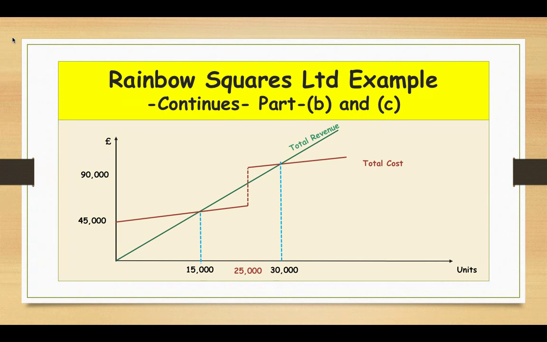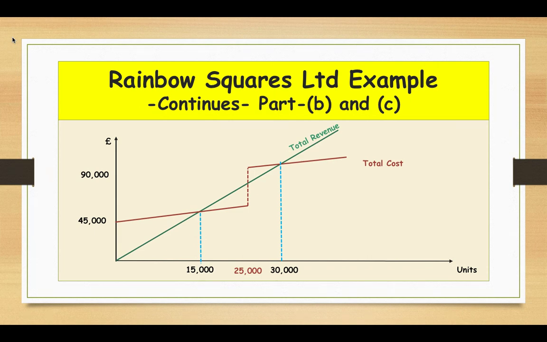So we can see from the graph that the production of birthday cards is profitable between 15 to 25,000 units, because you can see the total revenue line is above the total cost line. So between 15,000 to 25,000 units, the production of birthday cards is profitable.